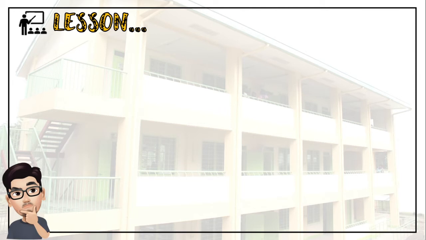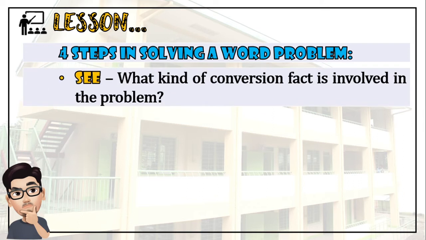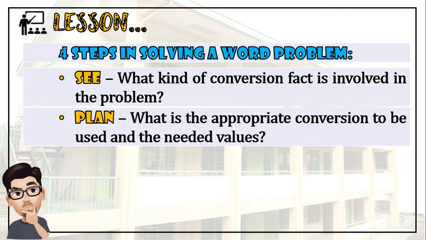We have 4 steps in solving a word problem, especially if it involves measurement. Step 1 is the C. We are going to see what kind of conversion fact we are dealing with in the problem. Let's conceptualize the conversion fact and use it for our next step, which will be the plan.